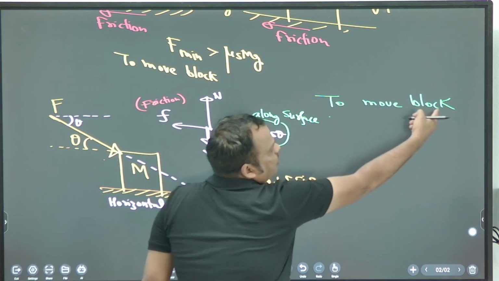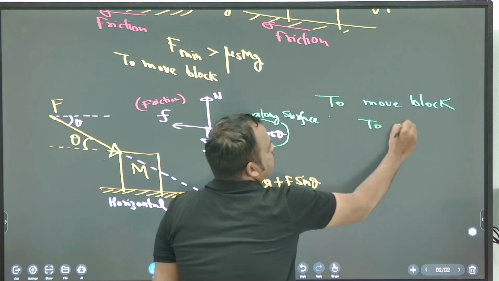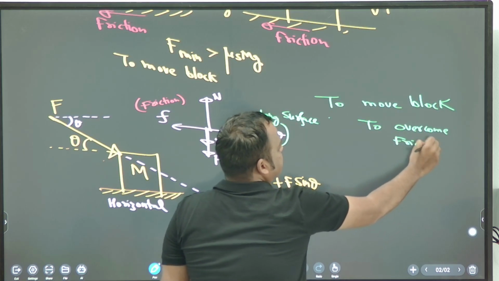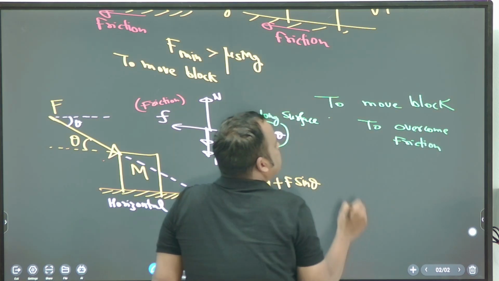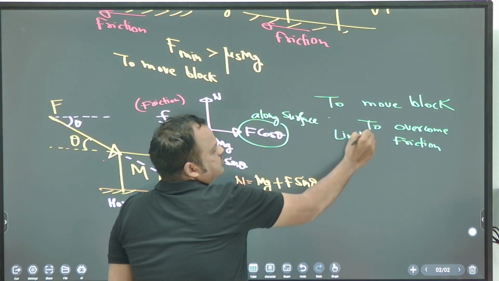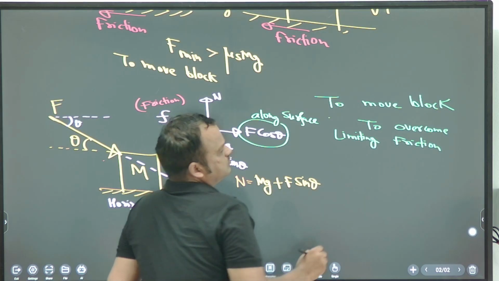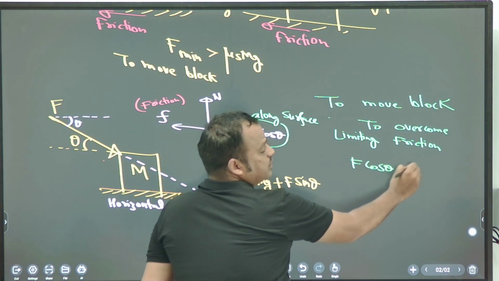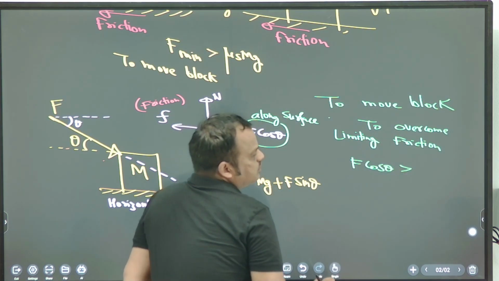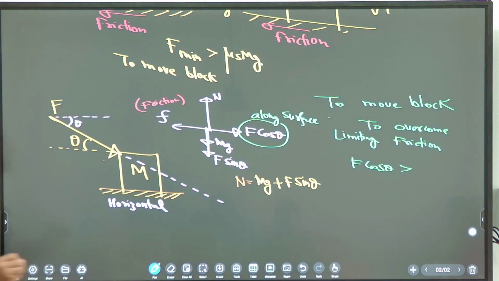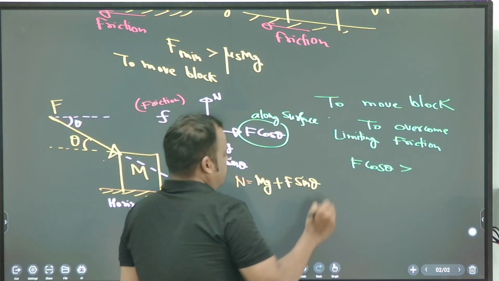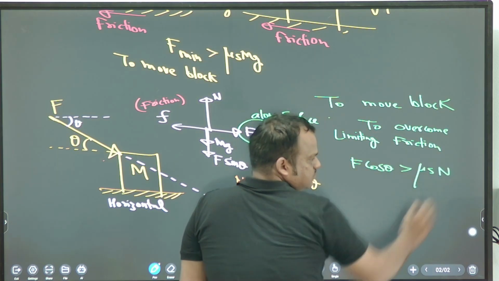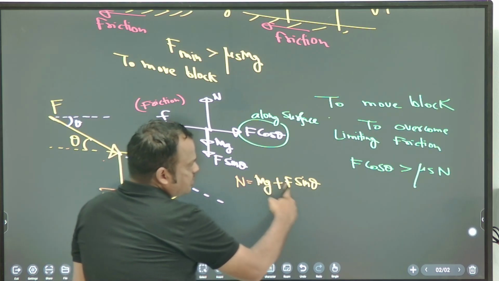So to move block means to overcome static friction, maximum static friction. That is also known as limiting friction. Okay. So f cos theta must be greater than mu s n, and n is this. Now substitute.